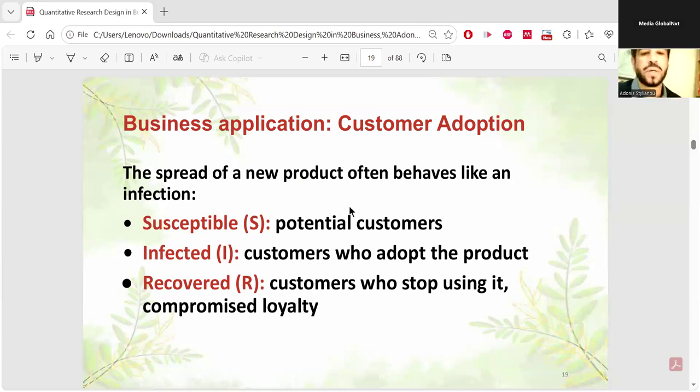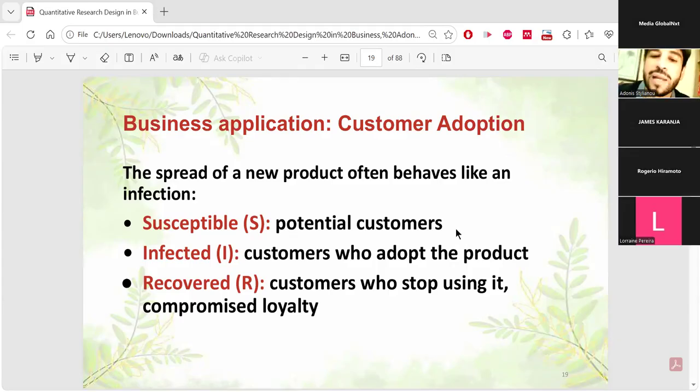Thank you. Okay, so for susceptible, we can have potential customers, all candidates of actually adopting a new product. For the infected, we can have customers who actually adopt the product, and recovered customers who quit the product because of compromised loyalty. So you can see the relevance of the model, right?